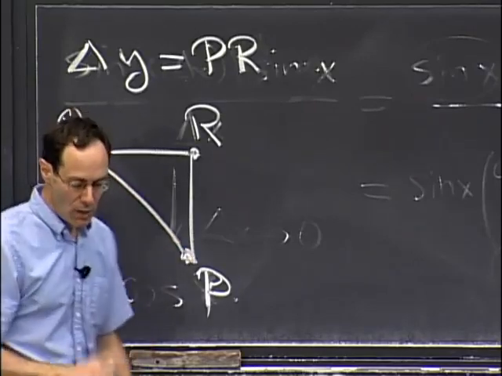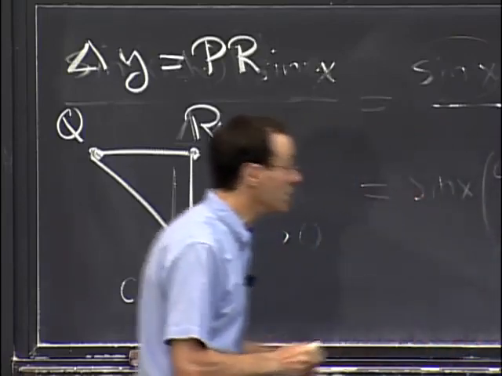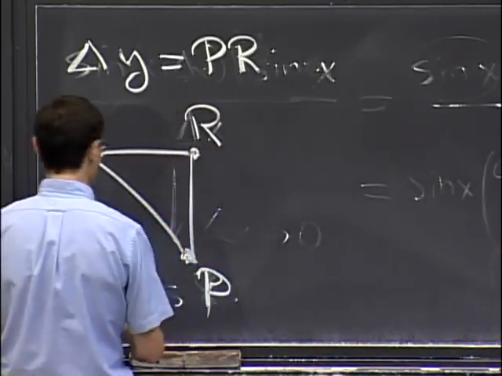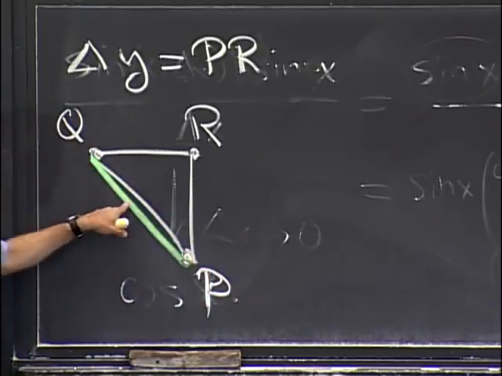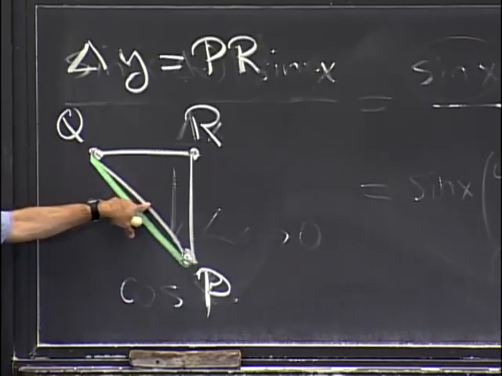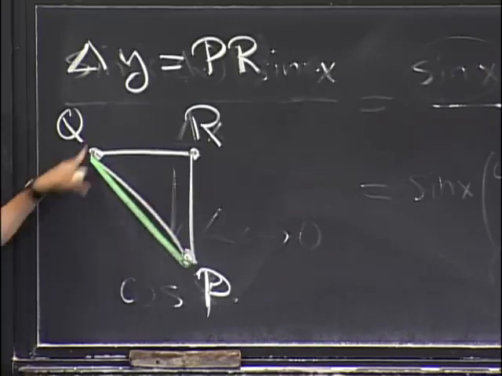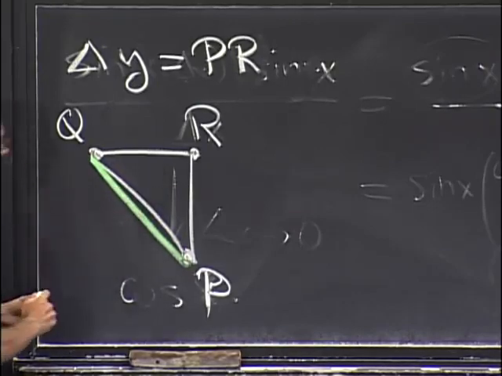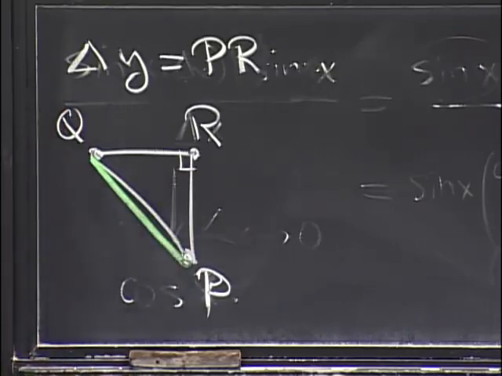But really, what I want to keep in mind is something I did in all these other arguments: I'm going to think of the straight line between. It's the straight line approximation to the curve that we're always interested in. The straight line is much simpler because then we just have a right triangle, so we have the geometry of a right triangle, which is going to let us do all of our calculations.